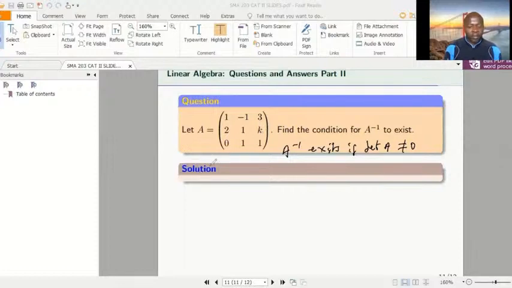So for A inverse to exist, I'm getting the determinant. Let me do it along the first column. So 1 into, when I delete row 1 and column 1, k, 1, 1. Then minus 2, when I delete the row and column of 2, -1, 3, 1.